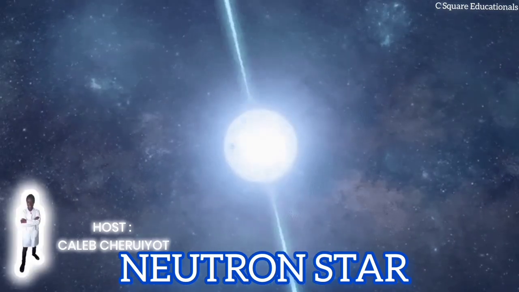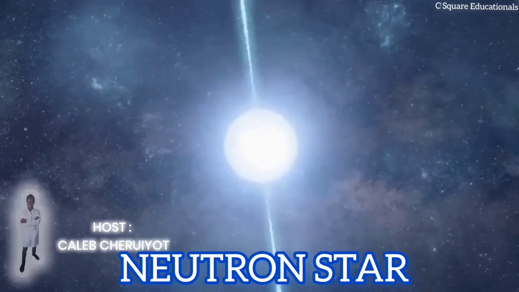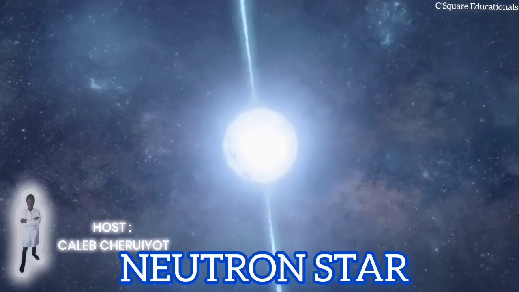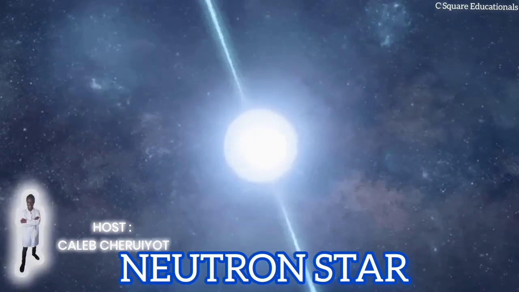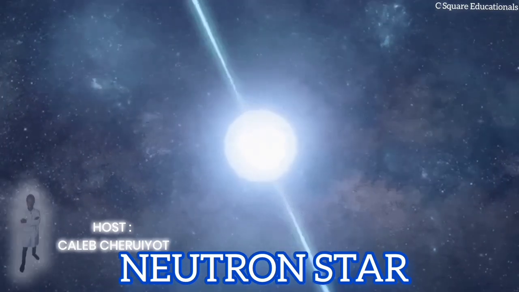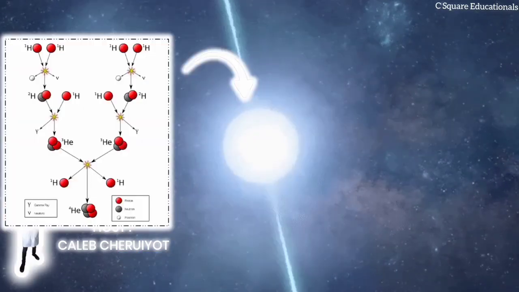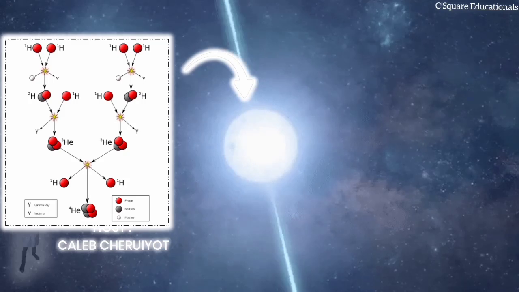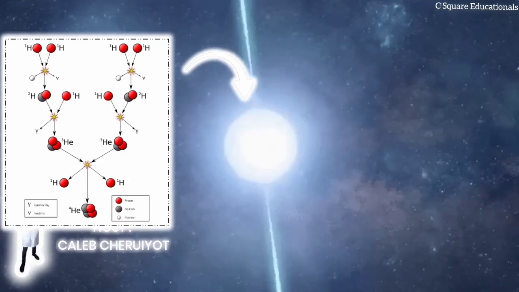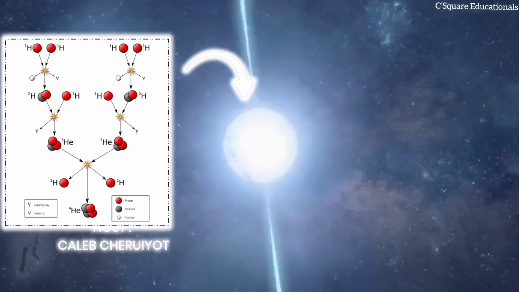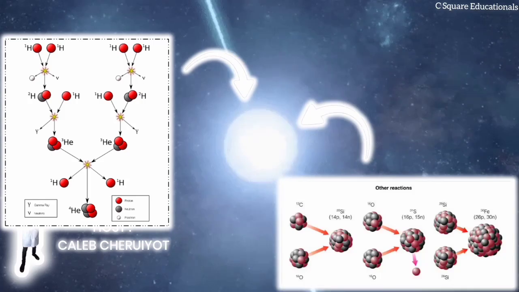The existence of a star is intricately balanced between its gravitational force and radiation pressure stemming from fusion reactions at its core. Within a star's core, hydrogen undergoes fusion and transforms into helium. As time passes, the hydrogen supply depletes, and if the star is massive enough, helium begins fusing into carbon.